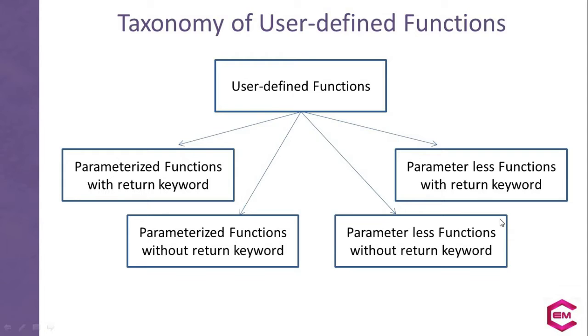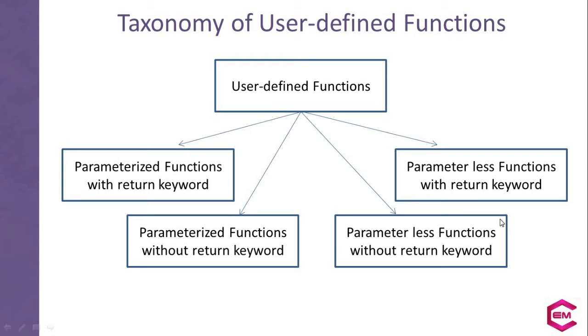Functions falling under this category may not accept inputs through the parameter list, but they will return the calculated output through the return keyword. So these four are the categories, the different groups of user-defined functions.